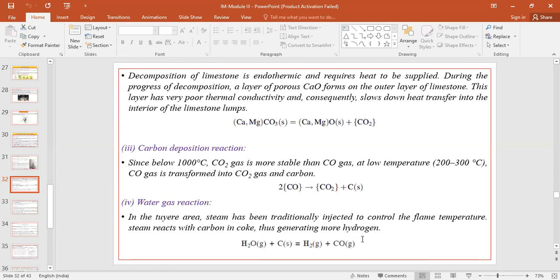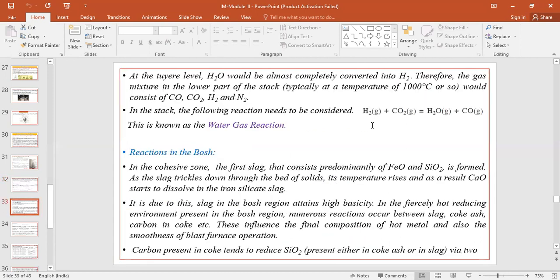So this H2 interacts with CO2 and forms H2O plus CO. This is called the water gas reaction. These are some of the reactions which take place in the stack part of the blast furnace.